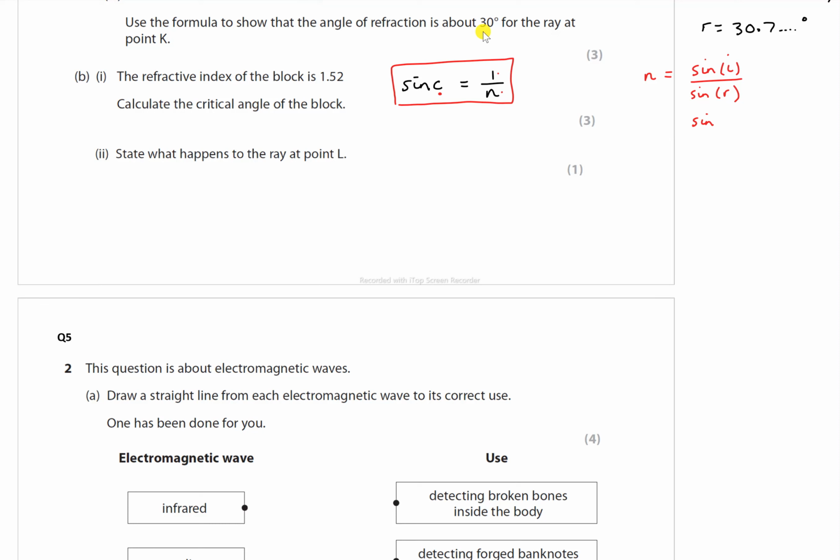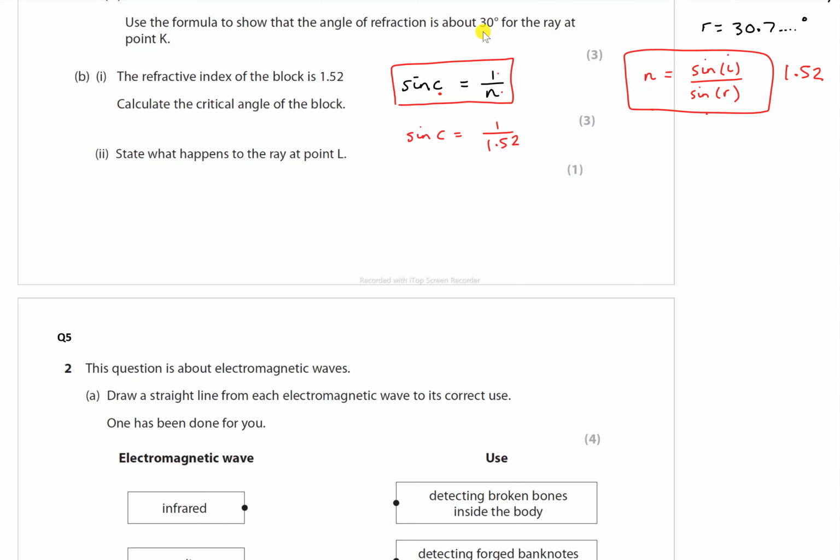I'm trying to work out too much. They've given us that as 1.52. So we can say sine C equals 1 over 1.52.